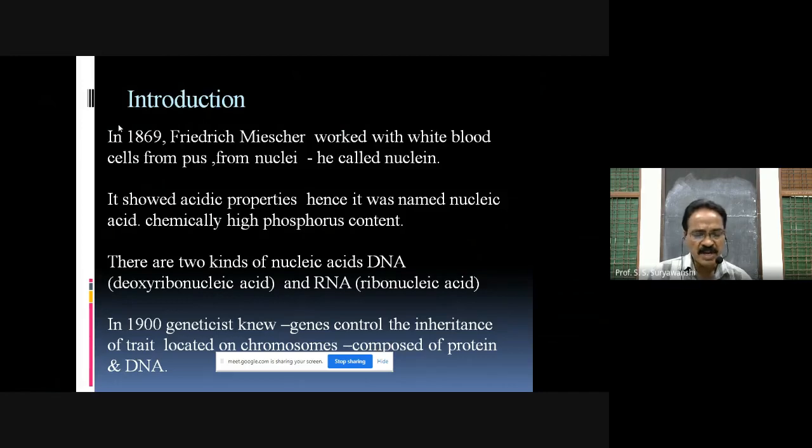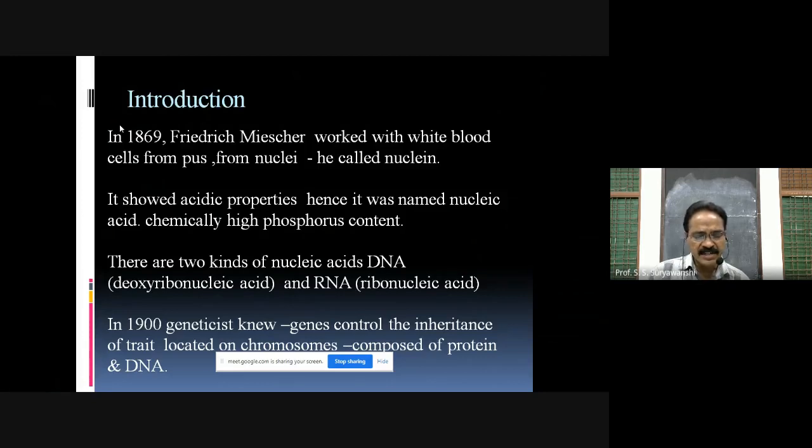There are two kinds of nucleic acids, which are known as DNA and RNA. DNA stands for deoxyribonucleic acid, where one oxygen is less, and RNA is ribonucleic acid. Both have the same type of components, only one oxygen is less in DNA, and of course it is acidic in nature.